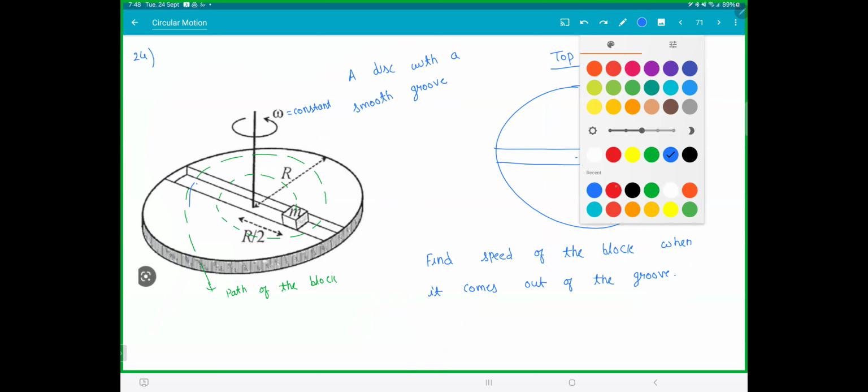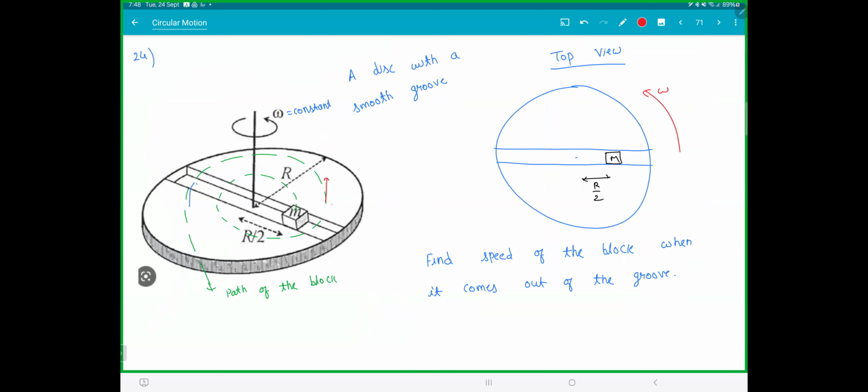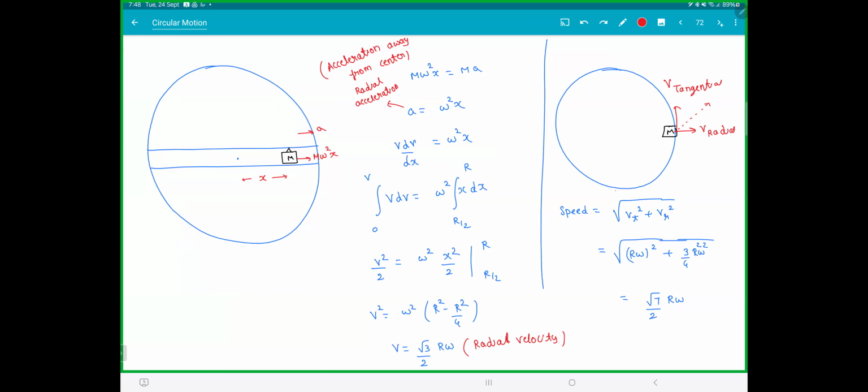Meaning logically also you can see every instant, look at this velocity. There is one part away from the center, one is tangential. It is not going in a circle. There are two velocities at every instant, radial and tangential. Most people forget the tangential part. Have a look at this. Any doubts on this?